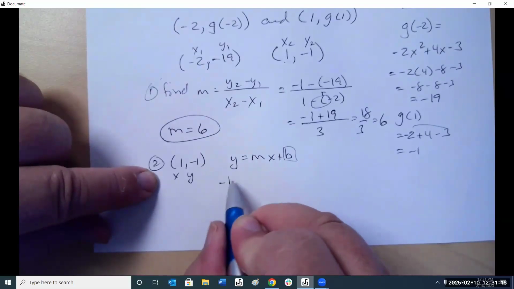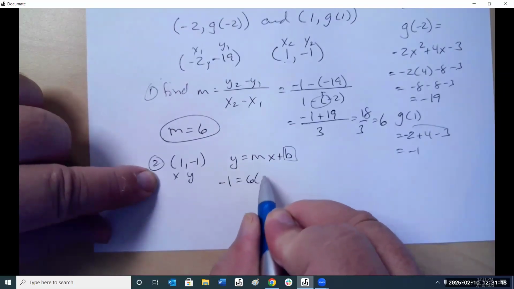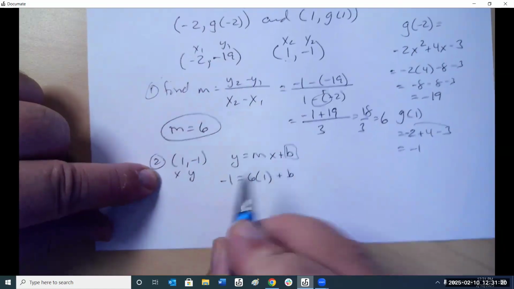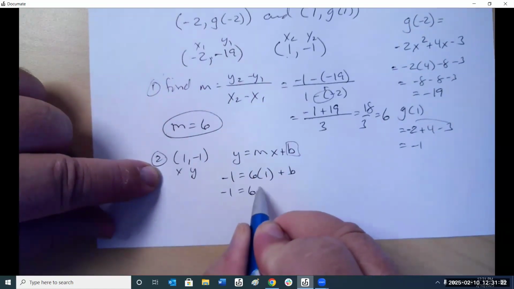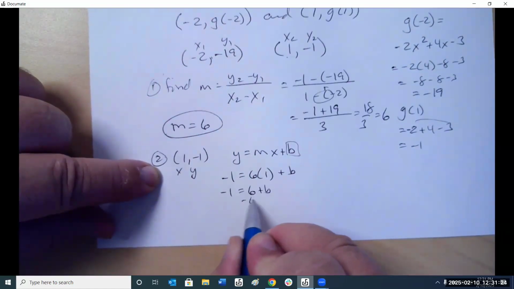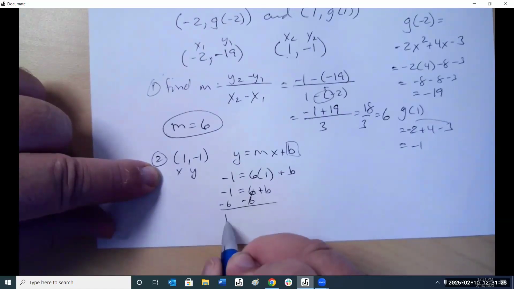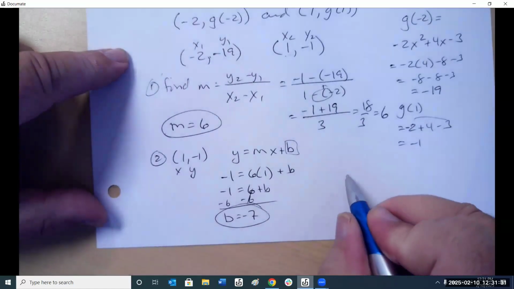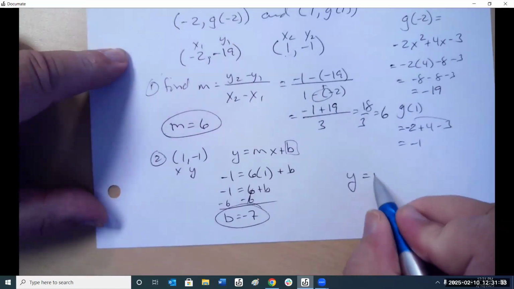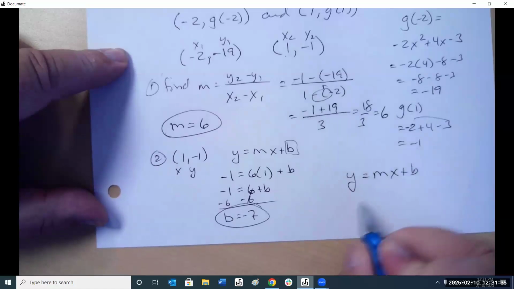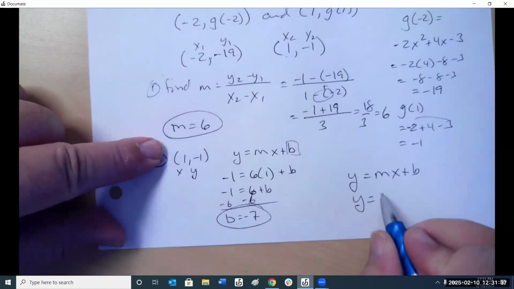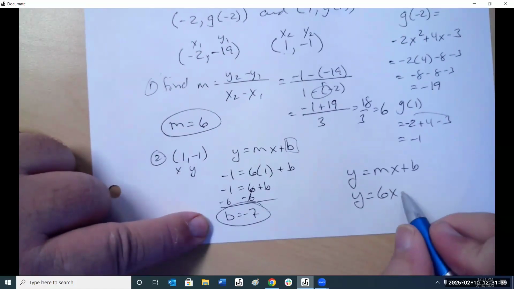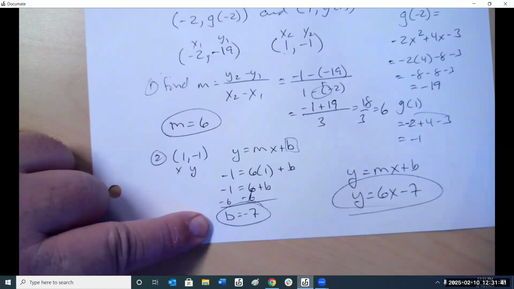So I have -1 equals 6 times 1, so -1 equals 6 plus b. Subtract 6. B is -7. So my equation: m is 6 and b is -7. And there's my equation of the secant line.